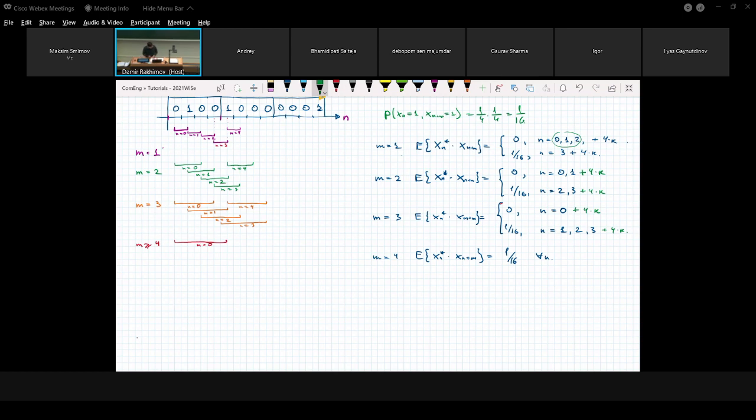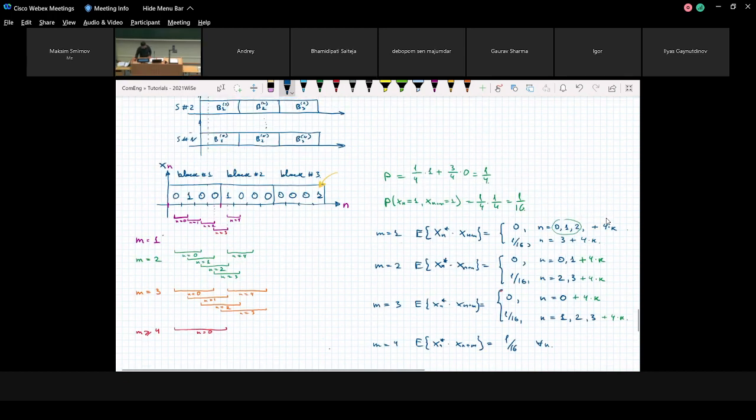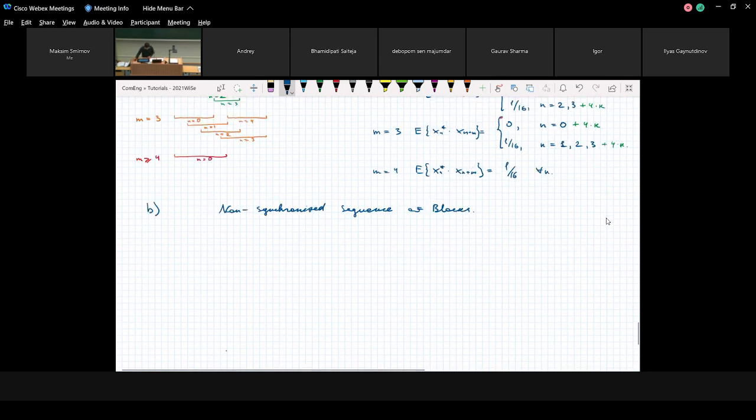And actually what it means is that we have an unsynchronized sequence of blocks. Let me draw another picture. Part B. Now we consider a non-synchronized sequence of blocks. And it will help us to simplify the expression.